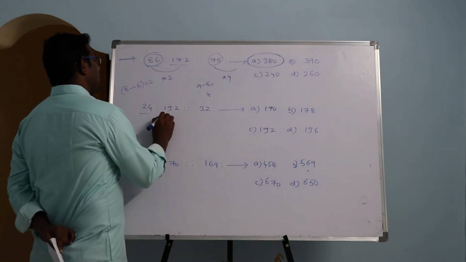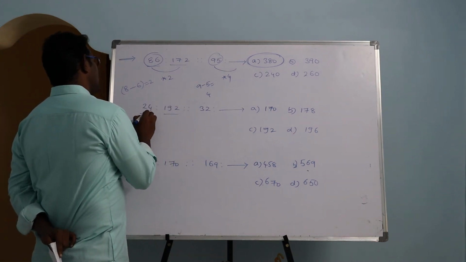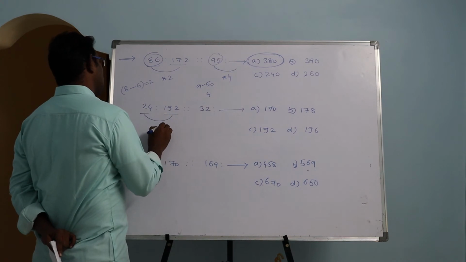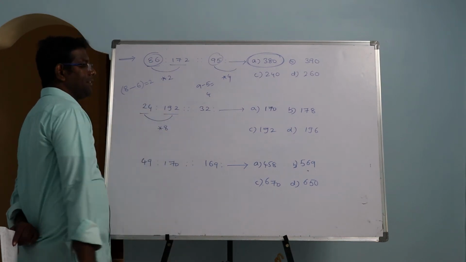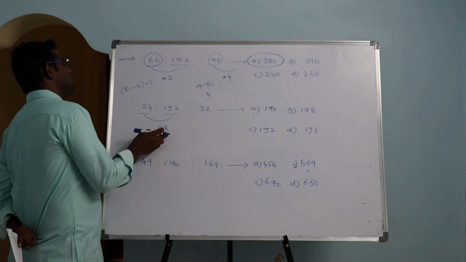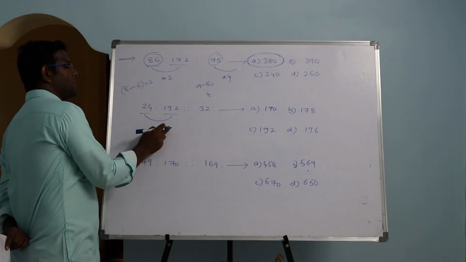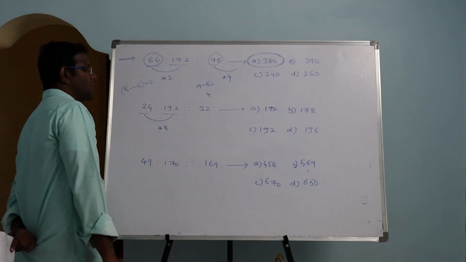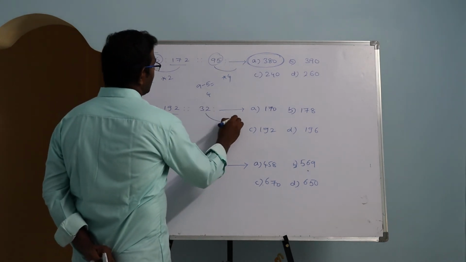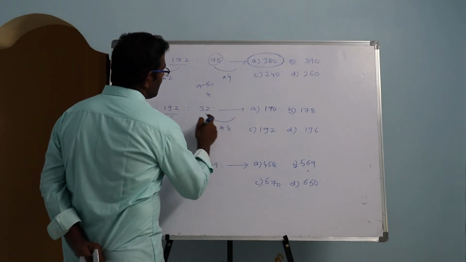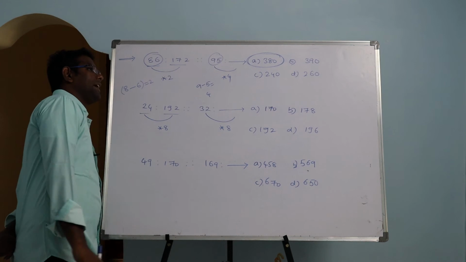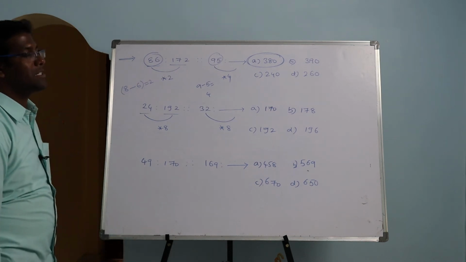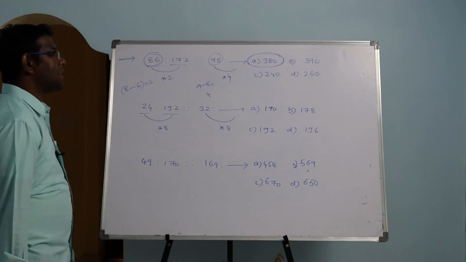Next, sir. 24 is 192. 24 to 192 means it is multiplied with 8. 28 is 160, 4 8s are 32. 160 plus 32 is 192. In the same way, 32 into 8. 32 8s are how much, sir? 30 8s are 240, 2 8s are 16. 240 plus 16 is 256.